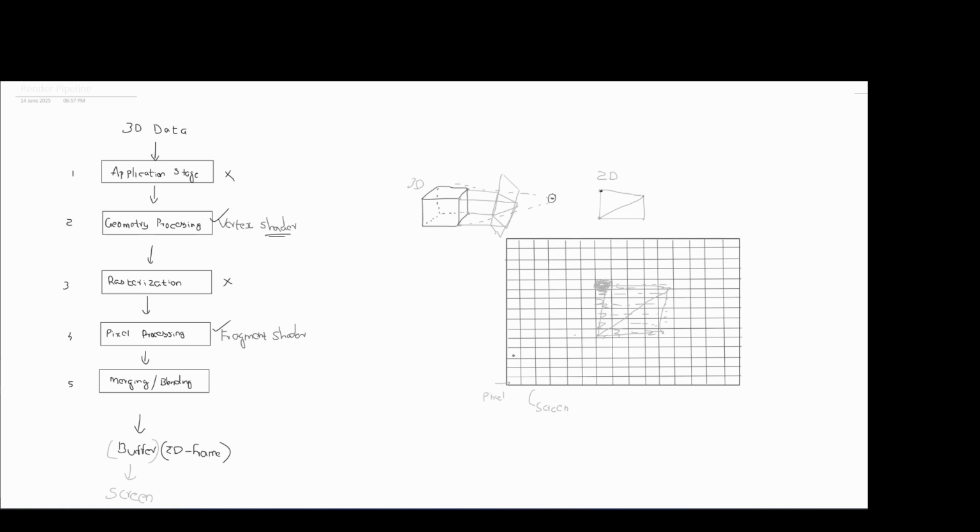Once we draw a line like this, these fragments are actually lit, and this creates some sort of jagged appearance. If you draw a line, after rasterization it looks like this, and we have a jagged structure. This is called aliasing.